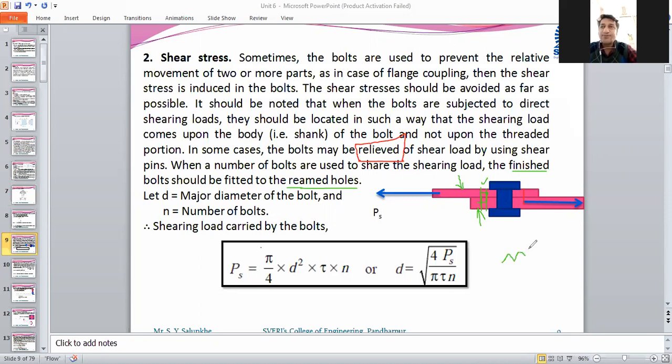Because in the case of rough surfaces, more stress concentration will be there, whereas on a smooth surface, stress concentration will be less. I'm not saying it will not be there, it will be there, but it will be less as compared to rough surfaces. That's why we have to make the surfaces smooth when you are going to use nut and bolts for taking shear load.